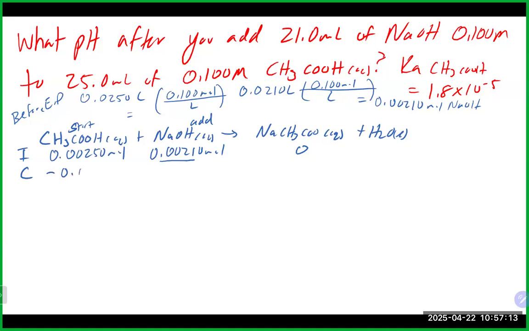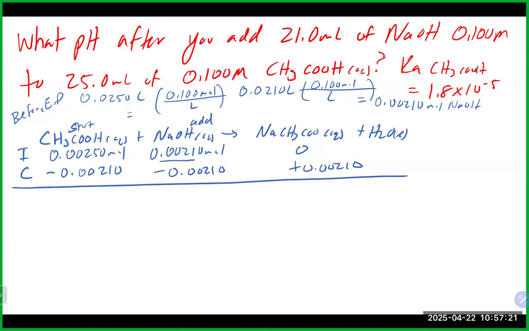So minus 0.0021, minus 0.0021 and plus 0.0021. That is going to get us here. Looks like 0.0004 moles. That's going to be 0 and 0.0021 moles at this point.